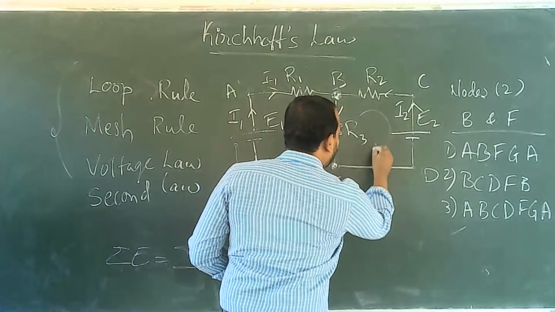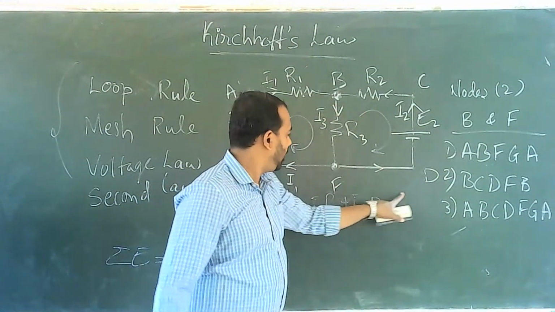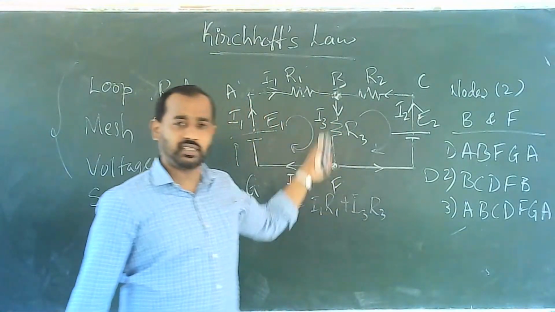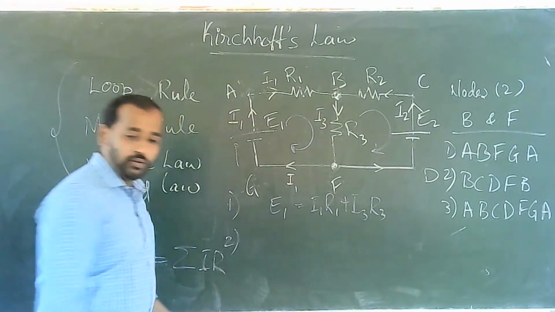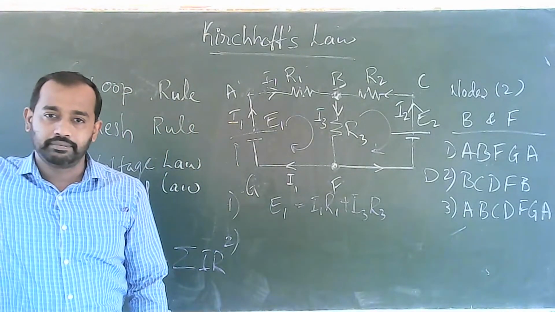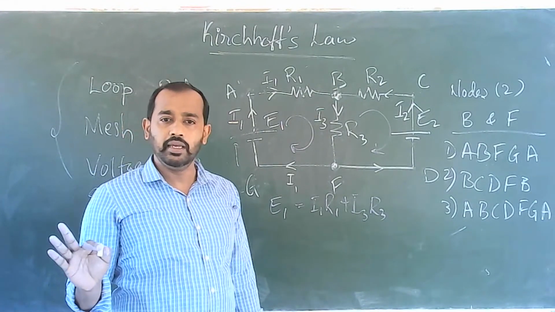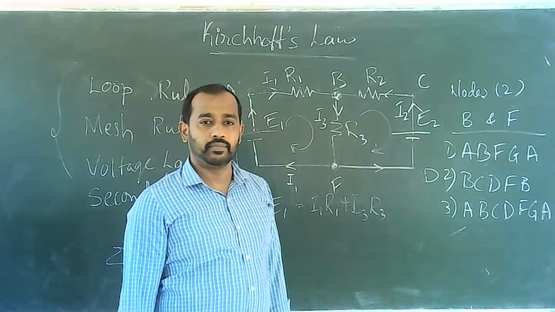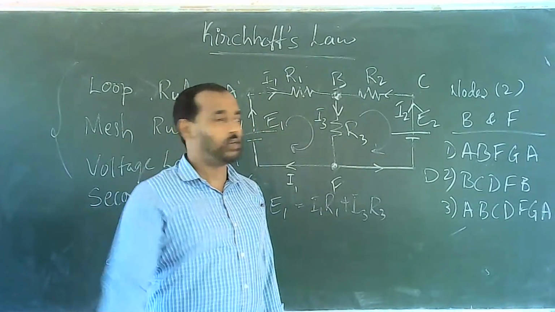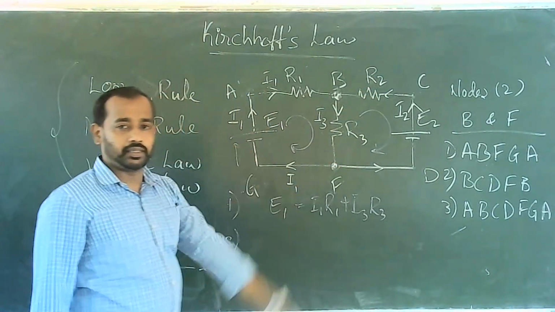Again we are traveling in a clockwise direction. So for the second loop, can you write the expression? How many cells are there? Only one cell. How many IR drops are there? Two IR drops, across R2 and R3.